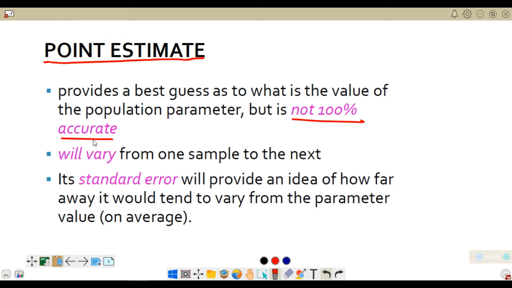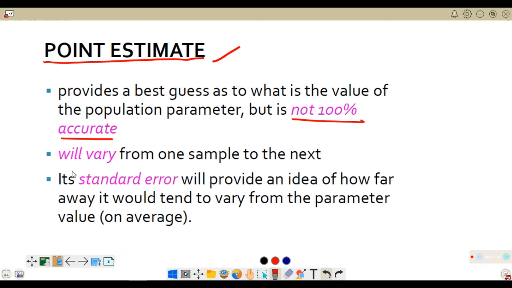You are going to take 100 respondents repeatedly. You will always get a different point estimate. Or there is a high likelihood that you will get a different point estimate for every trial. And some of them will be more accurate than others. Why? Because we tend to have outliers that are not present in the other sets of samples.